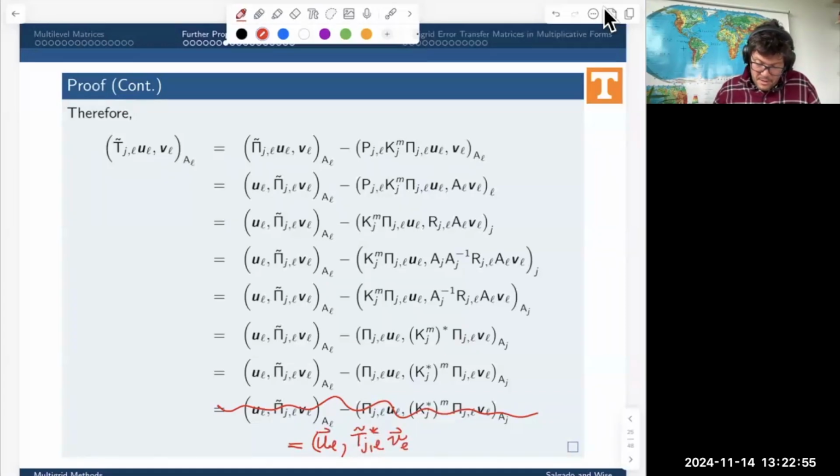Or my student. I forget who typed this up. Okay, so let's see here. No, that's not right either. Let's think about this. Just a second. I think there's a missing step.